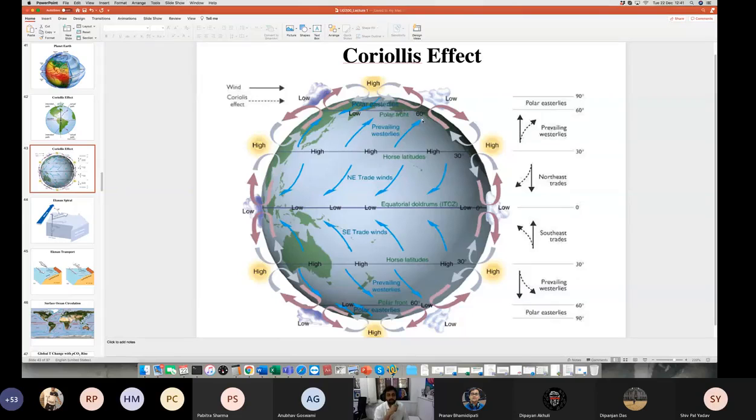The two end members are dictating the direction. One end member is the equator, the other end member is the pole, right? At the equator, the air has to rise. At the pole, the air has to sink. We can't change these two extreme circulation styles. Agreed? Yes, sir.